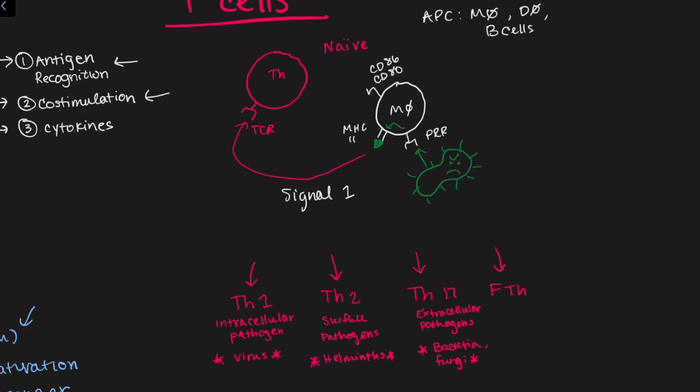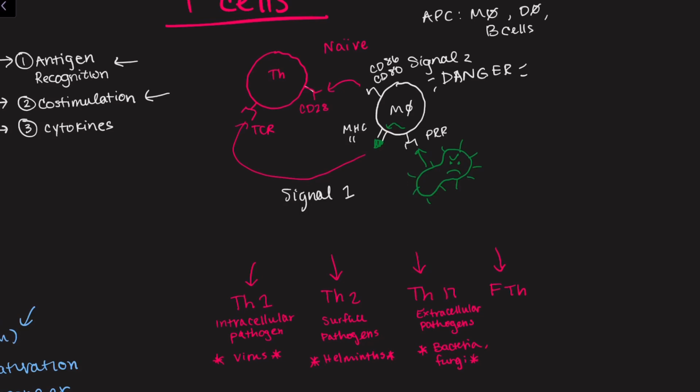And both of those are going to do the same thing, and they're going to be recognized on the surface of the T cell with a receptor called CD28. So CD28 is going to recognize CD80 and 86, and that is what we're going to call signal 2, which is co-stimulation. So this is telling the T cell, hey, this is dangerous. You need to do something about that.